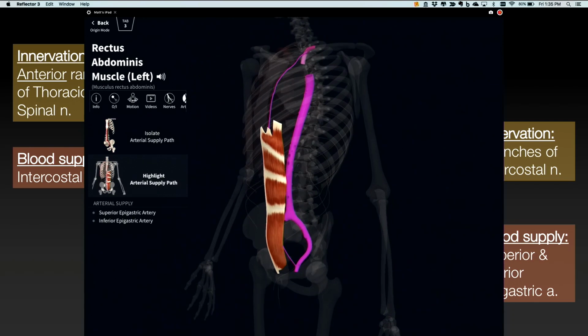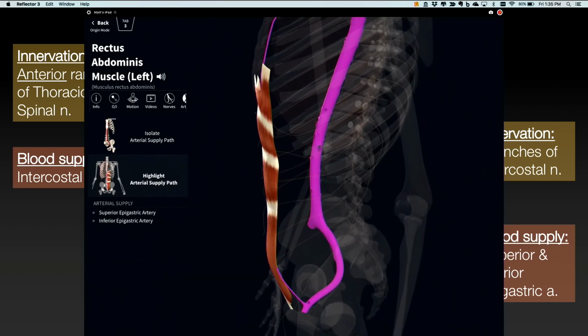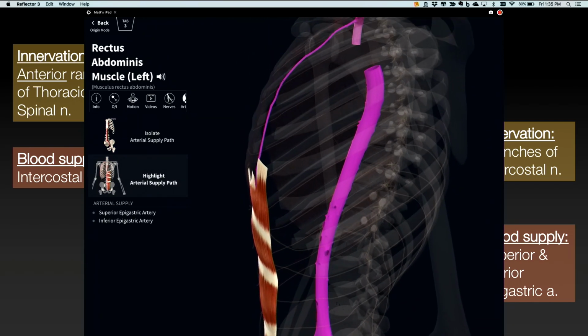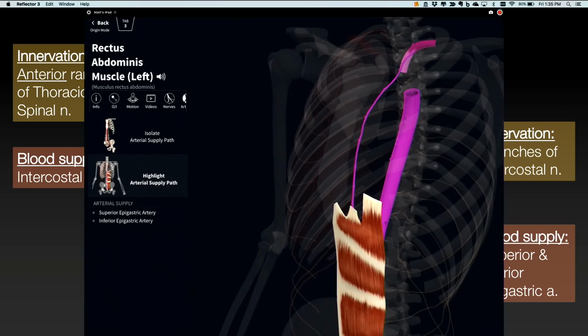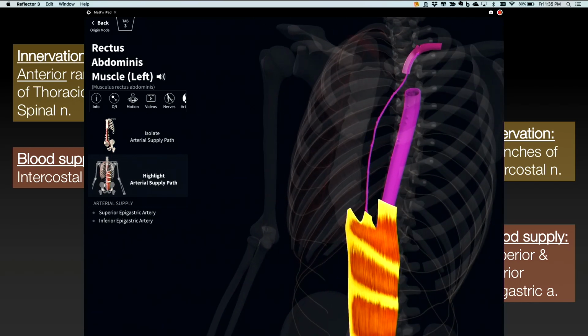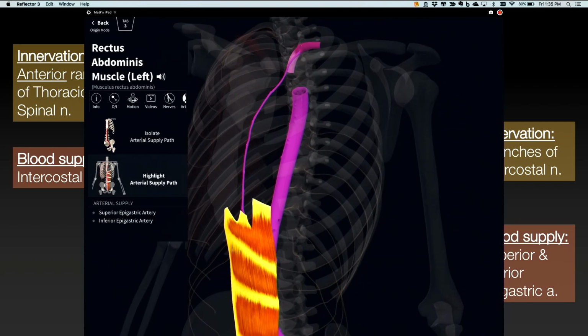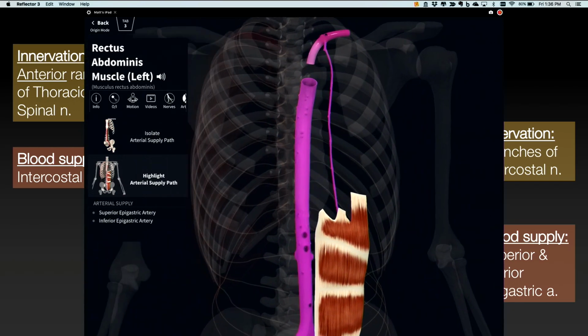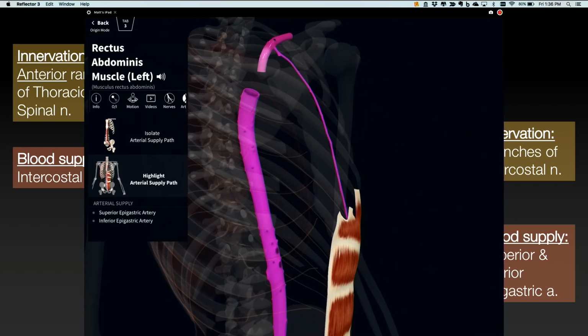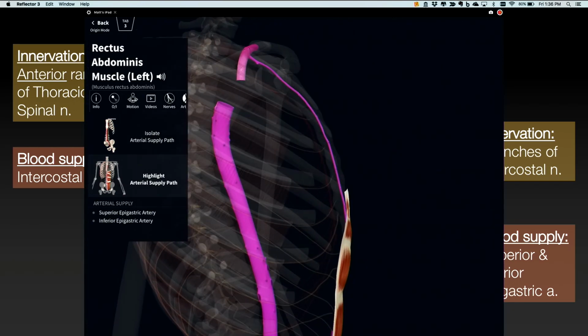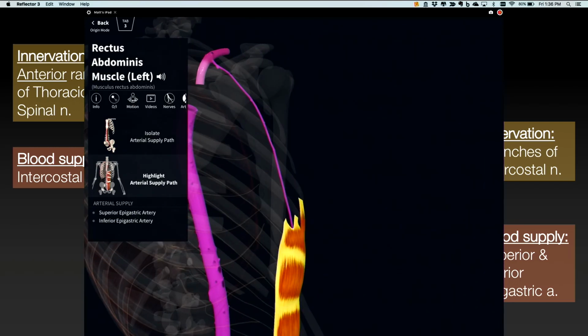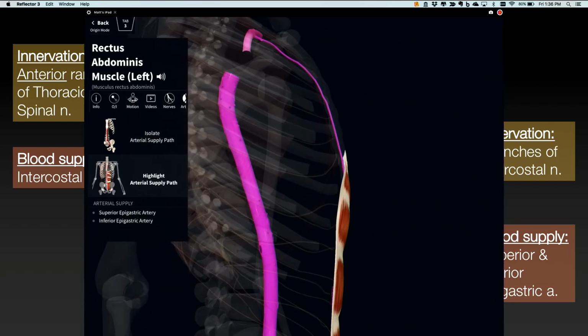So we have superior and inferior epigastric arteries. And this is actually a branch at the top here, a branch of the internal thoracic artery. But we're sticking with what I have on the slide. You can see where it originates all the way. Well, we won't talk about the proximal arteries too much.